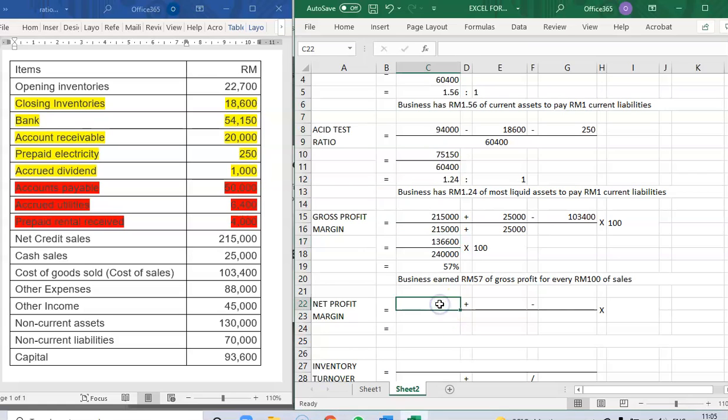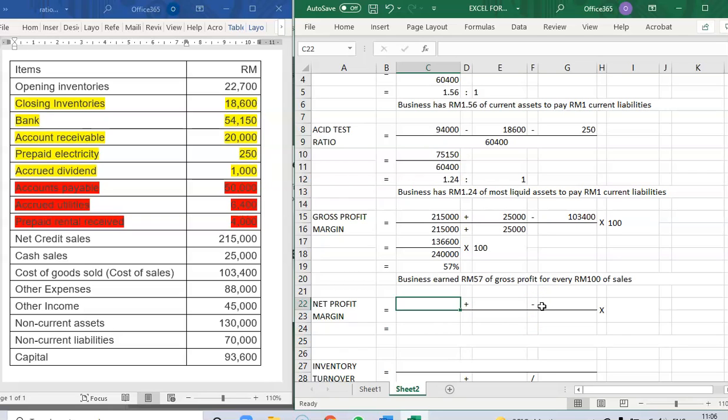So the data that you are given, other expenses 88,000 and other income 45,000, but there is no net profit figure, so you need to calculate it. So the formula to get the net profit is the amount of gross profit add with other revenues and deduct with other expenses. That is how to calculate the net profit.